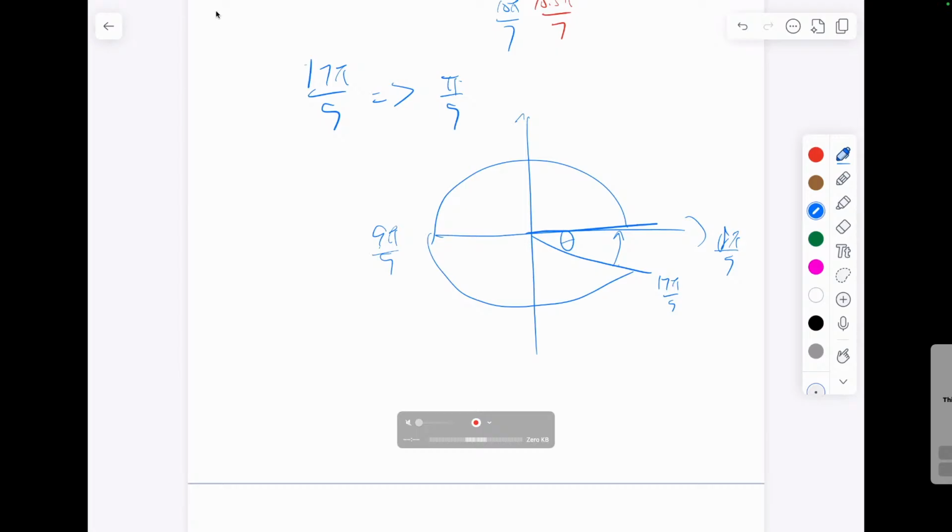Can you find secant of theta? And can you find cotangent of theta? This is root what? Root 21 over 5.